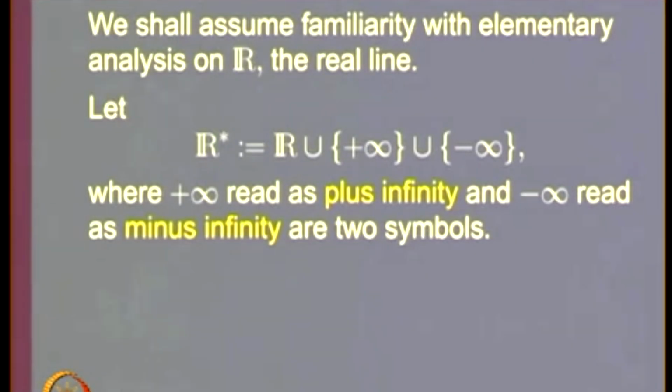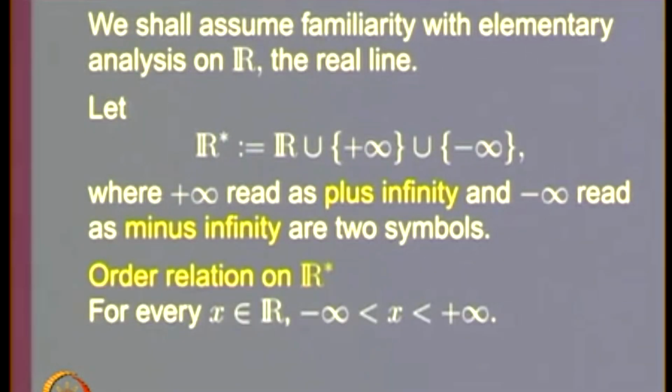Now as you all know, the set of real numbers has algebraic operations of addition and multiplication, and there is an order on it. So when we add these two new symbols, we would like to define how these two new objects behave with respect to the original order structure and the original operations of addition, multiplication and so on. So we are going to define operations of addition, multiplication and order on the set of extended real numbers. The first one is the order relation.